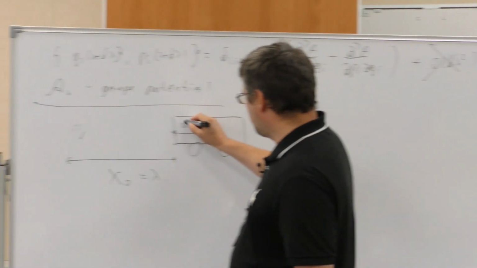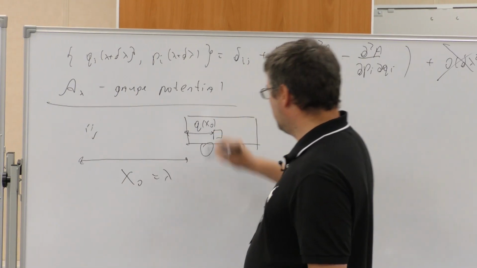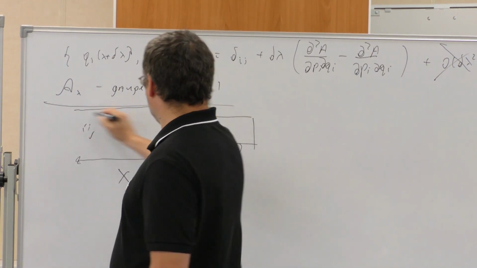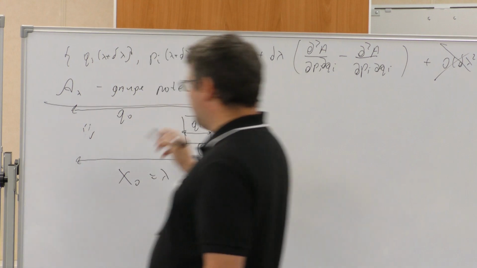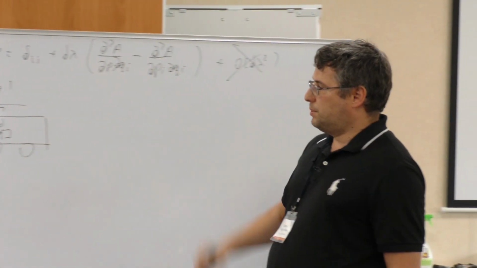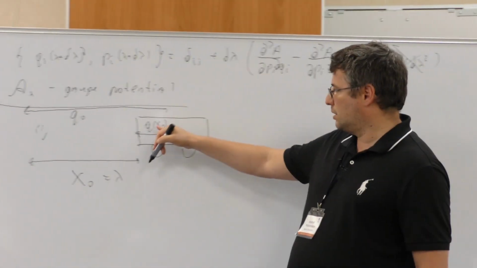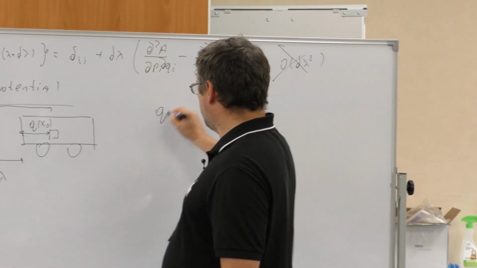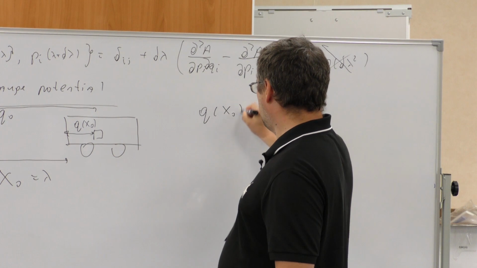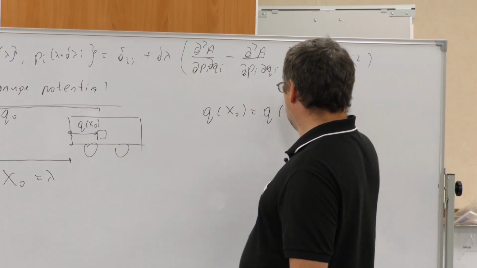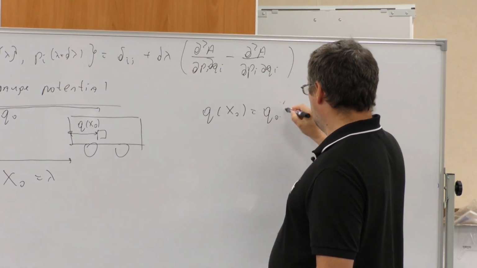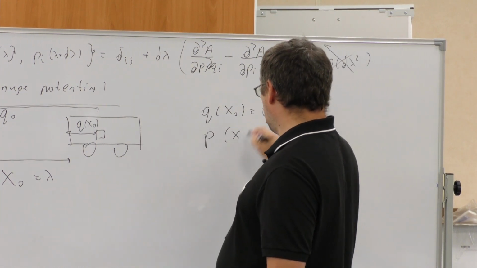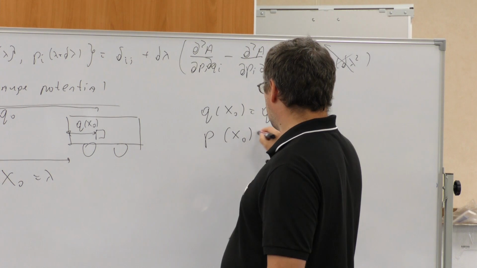And I will call this q of x0, and this I will call q0. So q0 will be my lab coordinate, and q of x0 will be the moving frame coordinate. Just from the picture, we see that q of x0 is equal to q0 minus x0. And because we are dealing here with non-relativistic transformations, p of x0 is just p0.